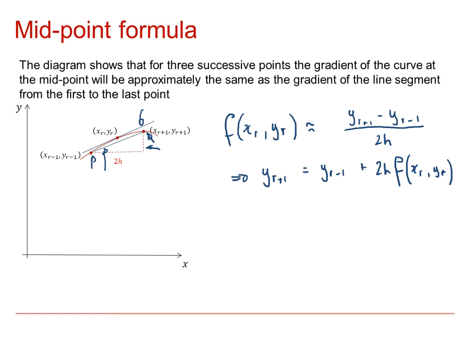Now, of course, to use this, we need to know two values. We need not just one value to work out the next one, but we need the previous 2 points to work out the next one. So to work out r plus 1, we need r minus 1 and obviously the value at r.